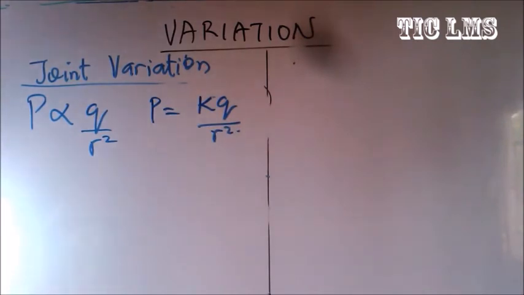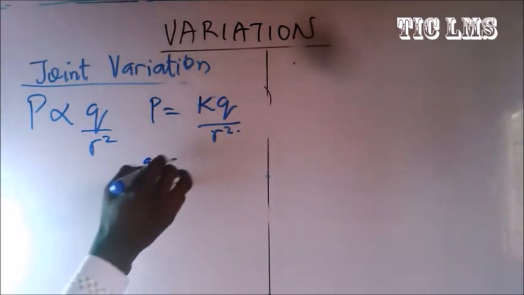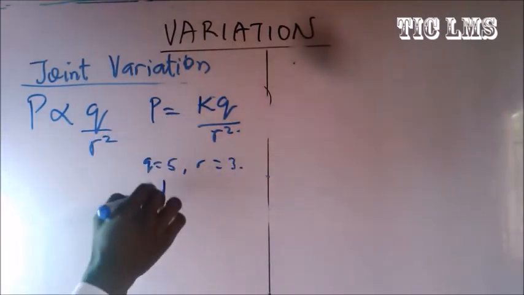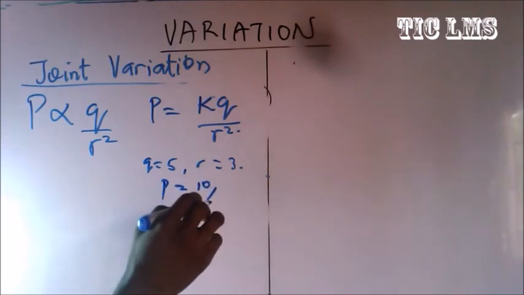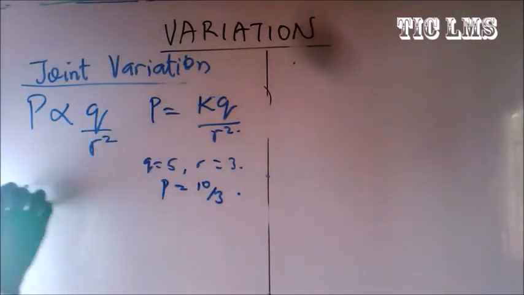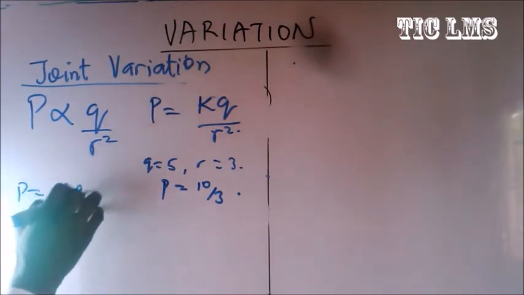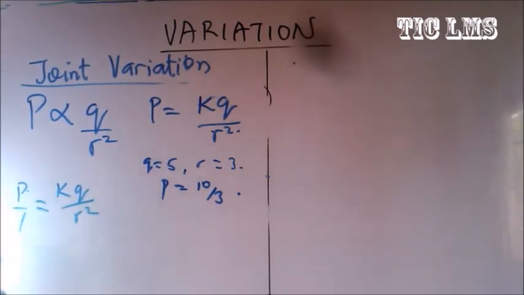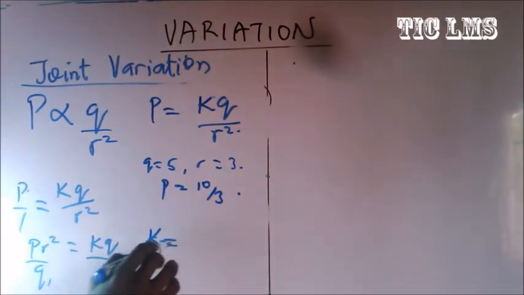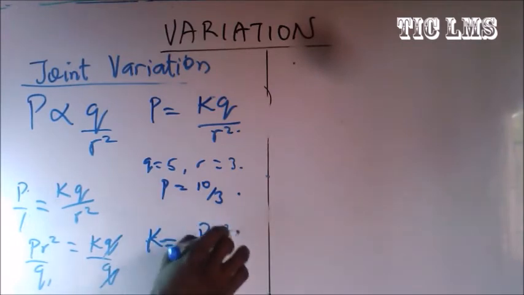So from the question, we're told that Q equal to 5, R equal to 3, and then P equal to 10 over 3. So making K the subject of formula, we have P equal to KQ over R squared. What we'll do is that we'll cross multiply. So P multiplies R squared, we have PR squared equal to KQ. Hence, divide both sides by Q. So we have it as K equal to PR squared over Q.